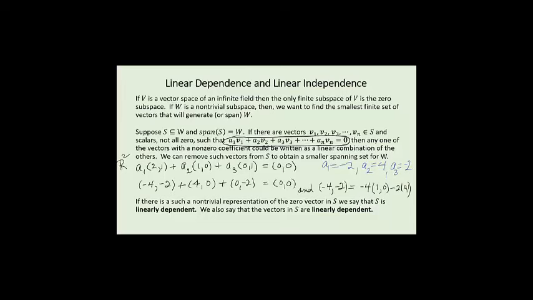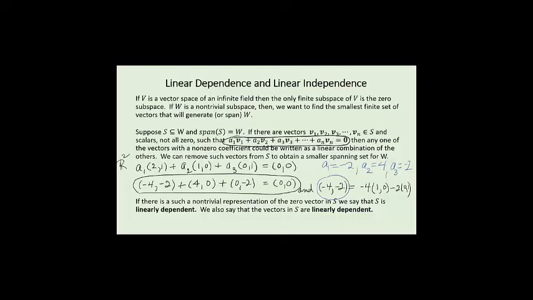So filling in the coefficients a1, a2, a3, you have this sum of three vectors that gives you the zero vector. And notice that we can take one of those vectors and solve for it in terms of the other two. That's all this is saying above.